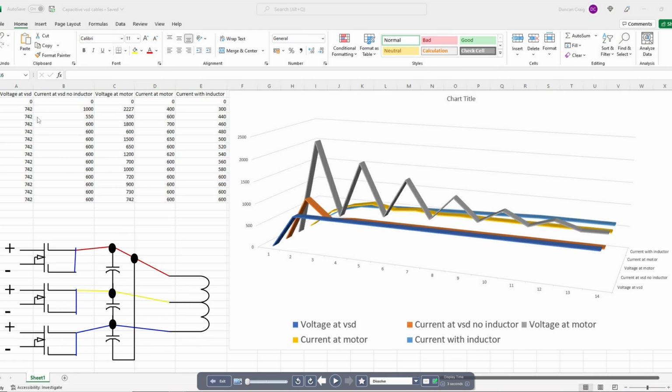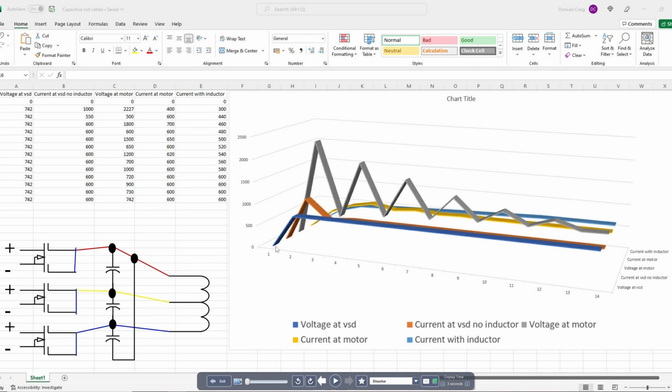Now I've got a chart here which is typical for the DC bus voltage of a 525 volt VSD. So your DC bus will be at about 742 volts. It's 525 times the square root of 2. Now let's take a look at this chart of mine.